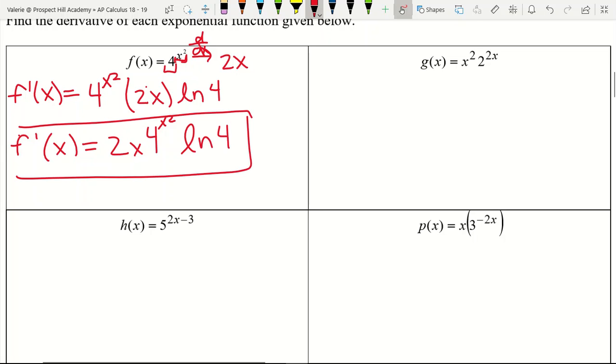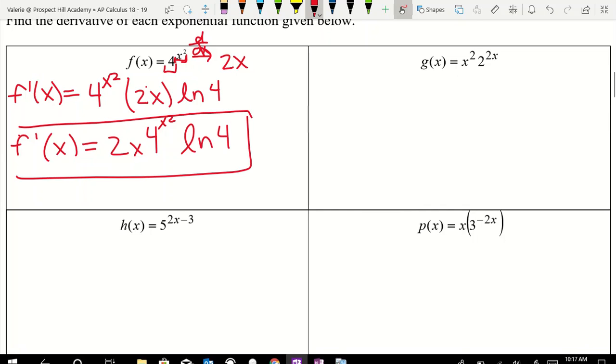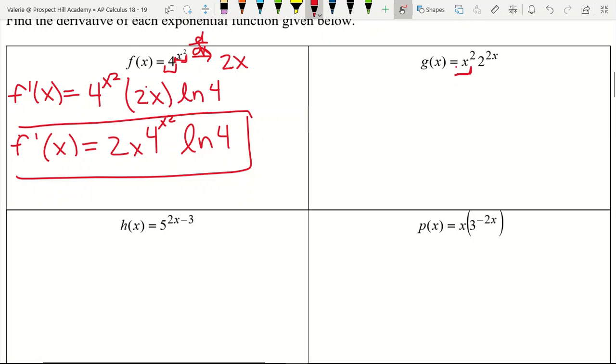In g of x, we have a product of two functions. We have x squared and we have 2 to the 2x. So this is function number 1, and this is function number 2.